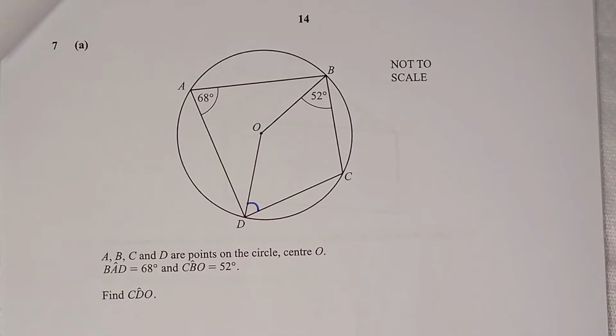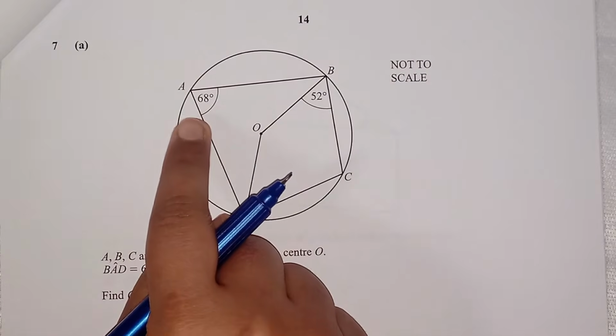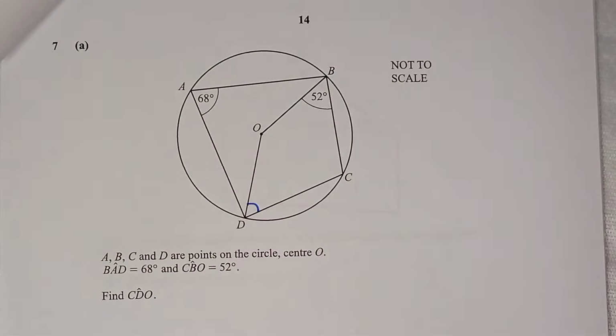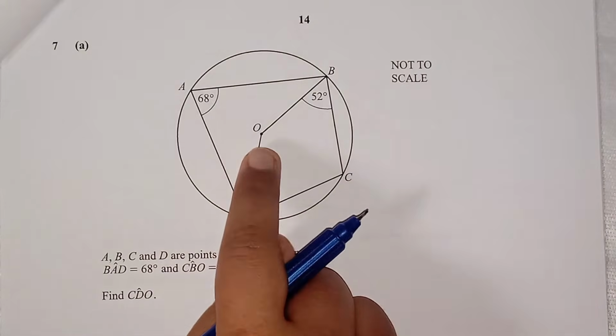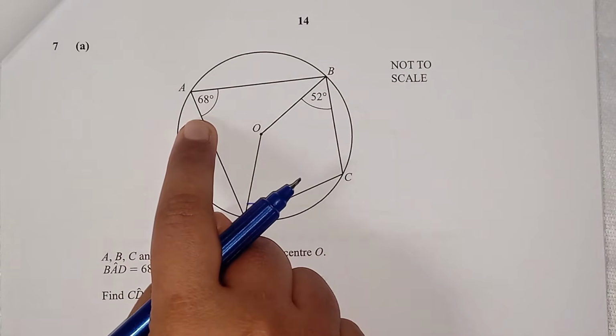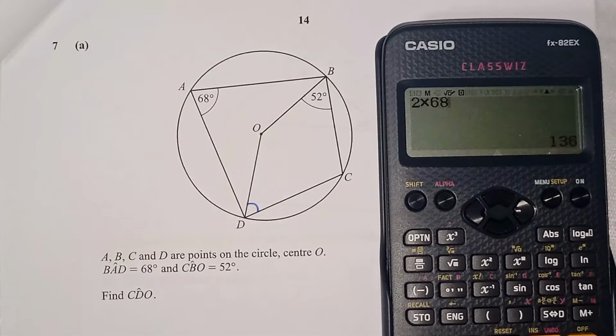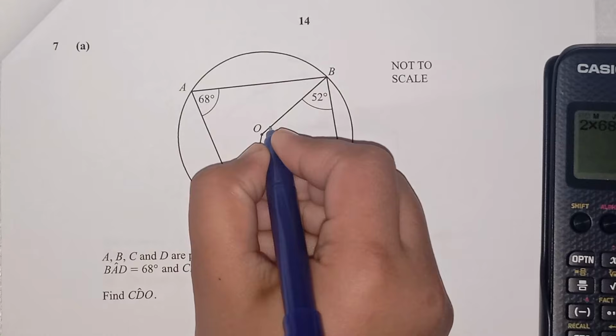Okay, so first, as we know that the angle on the circumference is 68, the angle at the center must be twice the angle on the circumference. It would be 2 times 68, which is 136. So the angle O is 136.